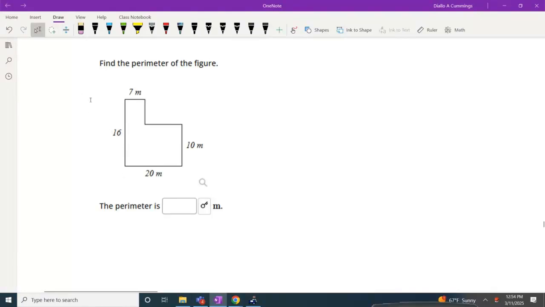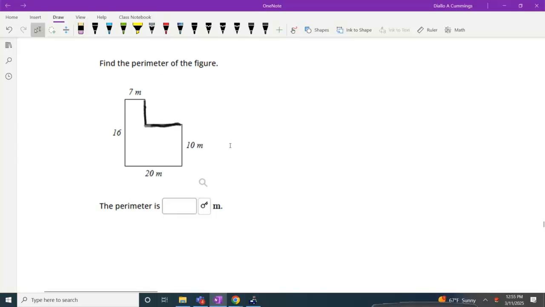This is a total of 16 meters, so this side length will be 16. This side length is 7 meters. I'm missing this vertical length and this horizontal length. I'm missing these 2 side lengths, but I'm given the rest of my sides, 10 meters, 20 meters. So how can I figure out the 2 missing sides?